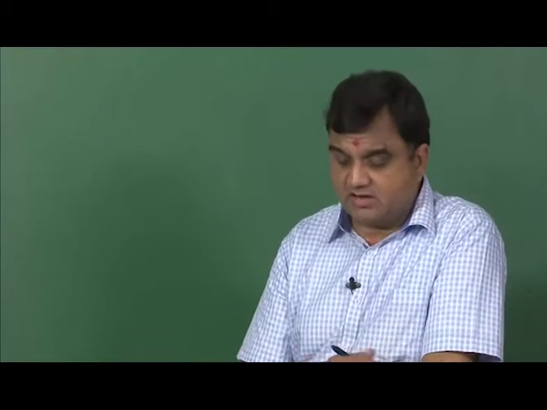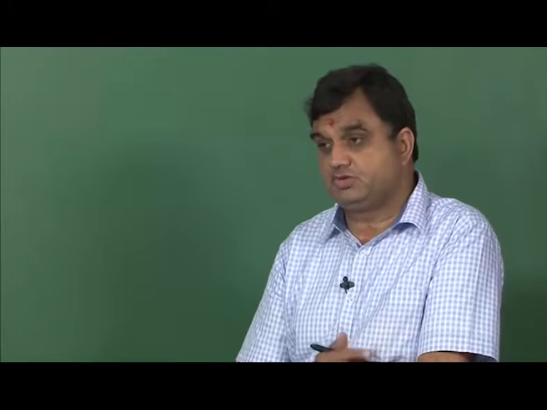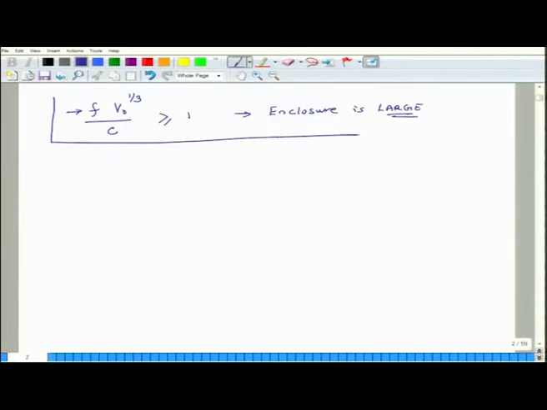So, whenever we start working on large enclosures, we have to make sure that our assumption which is related to this relation holds valid for all frequencies of interest for which the enclosure is supposed to work. Okay. So, with that understanding, we will try to get a relation for insertion loss of a large enclosure.